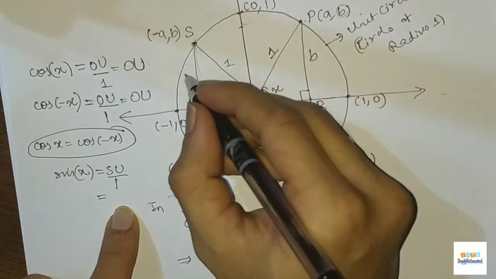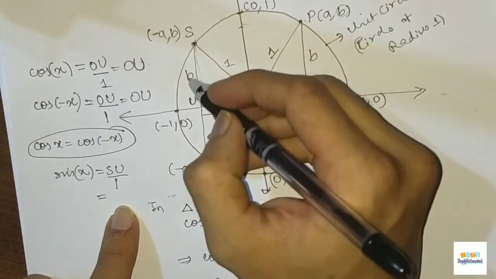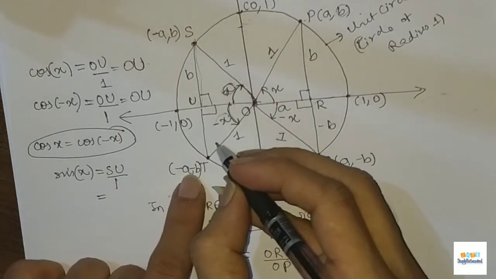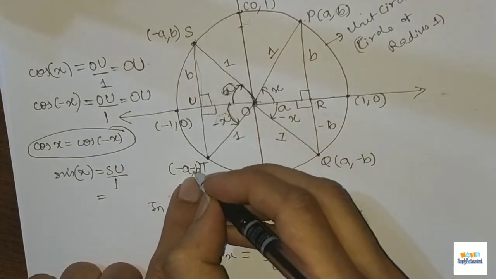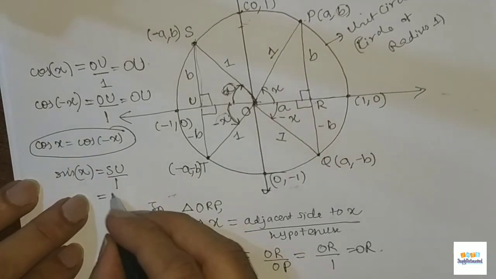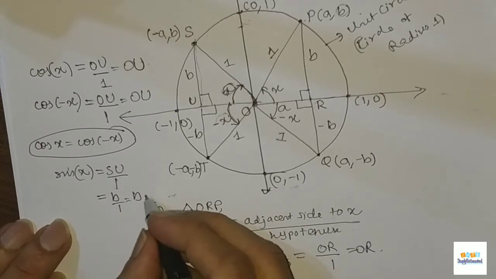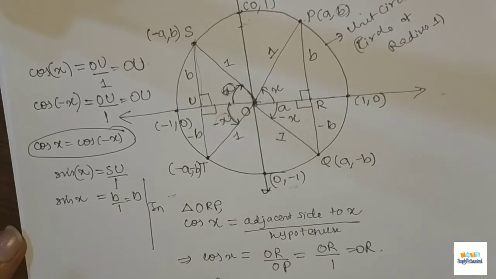It will be B, because the point S is minus A comma B, so this will be B, the y coordinate. And then what will be this side UT? This will be minus B from here. So SU is B, B by 1, which is equal to B. So sin x will be equal to B.